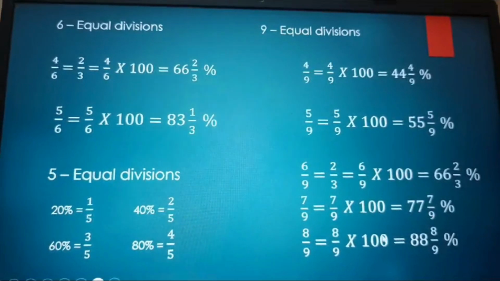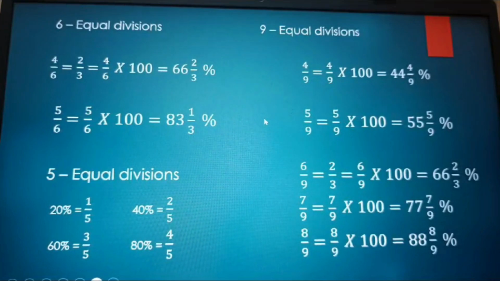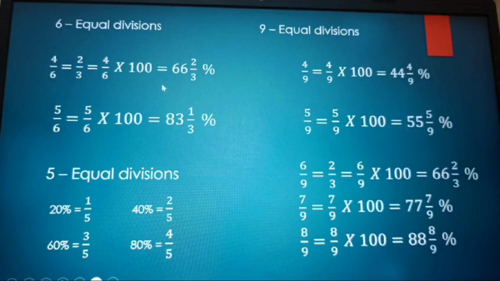The remaining parts of the fractions of the 6 equal and 9 equal divisions are: 2 by 3 is equal to 66 2 by 3%, and 5 by 6 is 83 1 by 3%. Here 4 by 9 equals 44 4 by 9%, 5 by 9 equals 55 5 by 9%, and 2 by 3 equals 66 2 by 3%, which we already discussed.